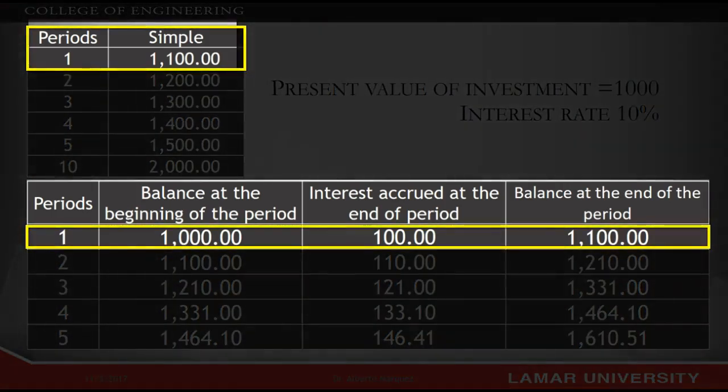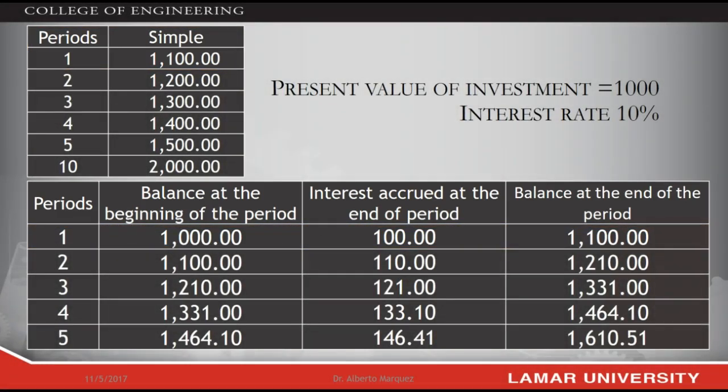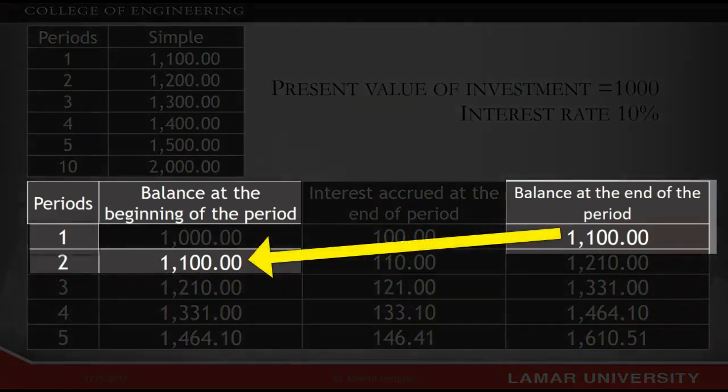The future value at t equals 1 for the first year would be 1,000 times 1 plus 1 times 0.1. This future value is now F of t equals 1 equals 1,100. Now, instead of keeping the simple interest contract, we can reinvest in a new contract. In other words, we can reinvest this result by computing the future value that we will have at t equals 2.